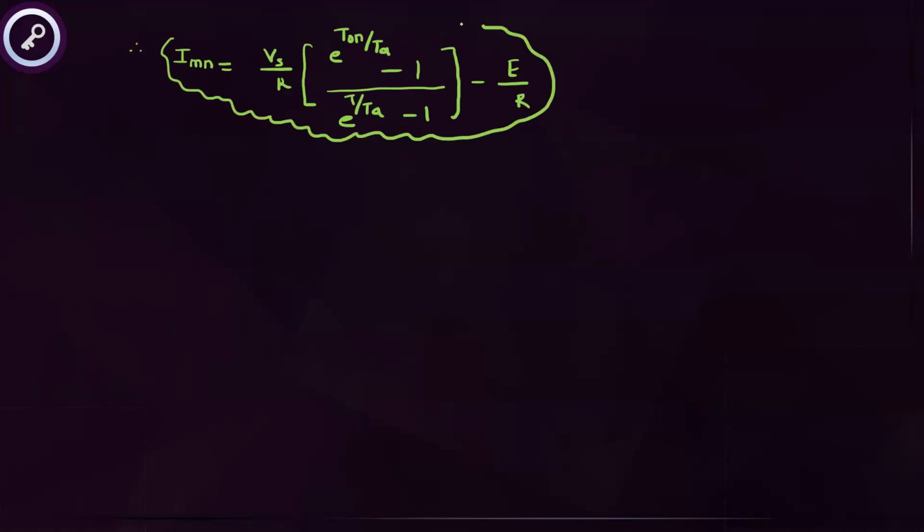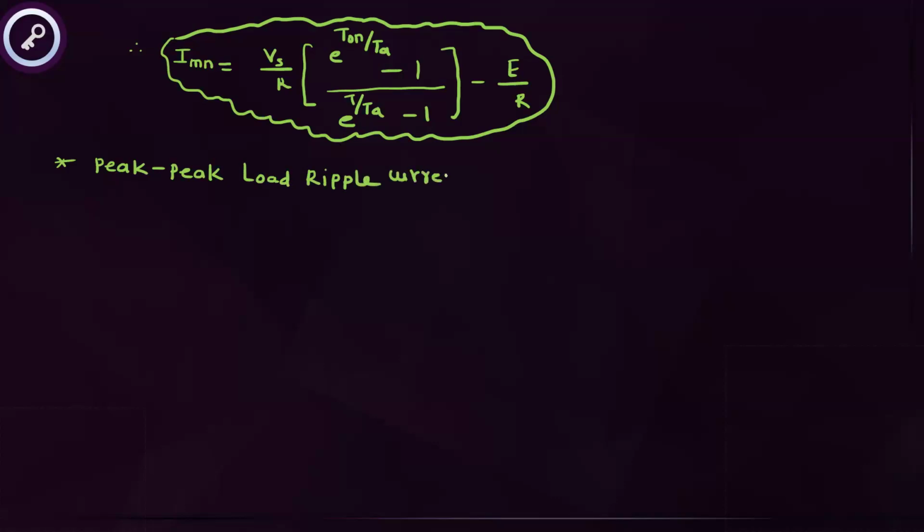Once you know the maximum current and minimum current, friends, you have to find the peak to peak load ripple current. How to express it? The peak to peak load ripple current delta I equals I max minus I min.